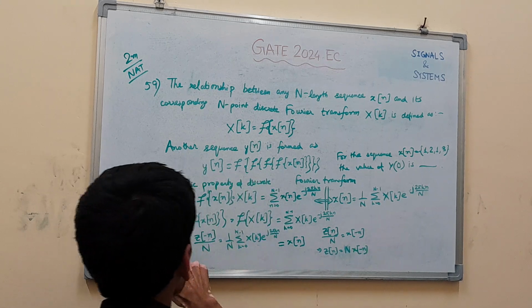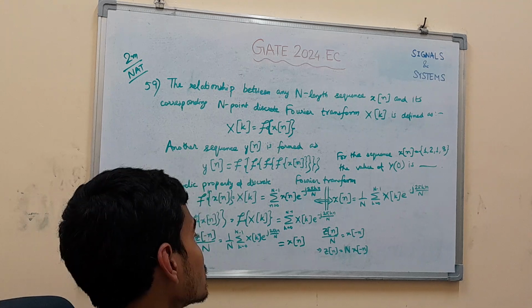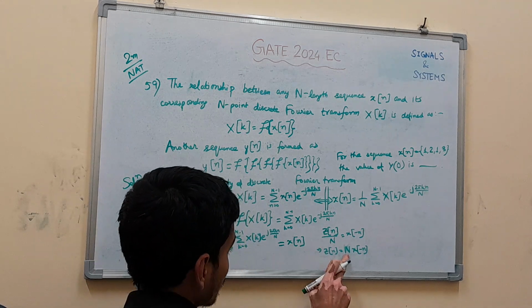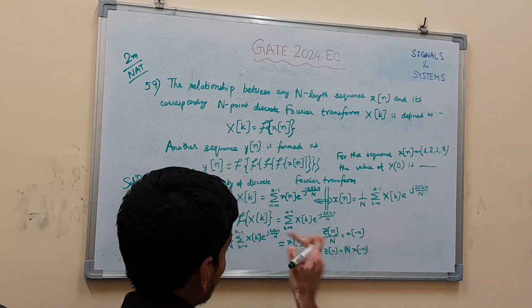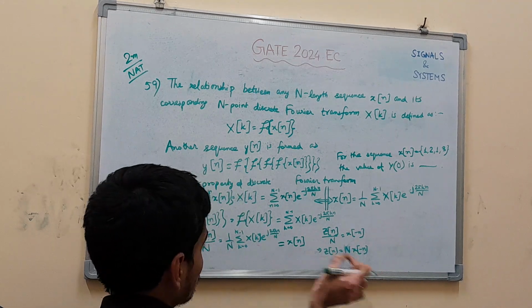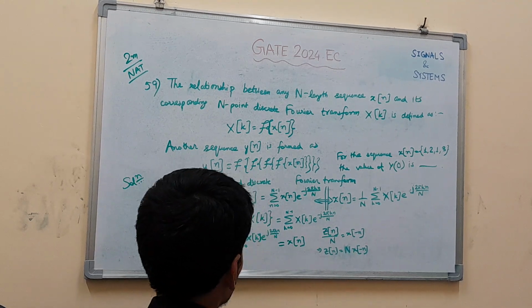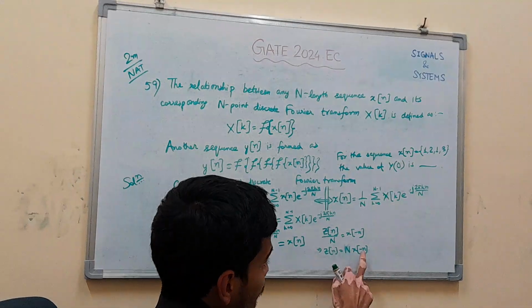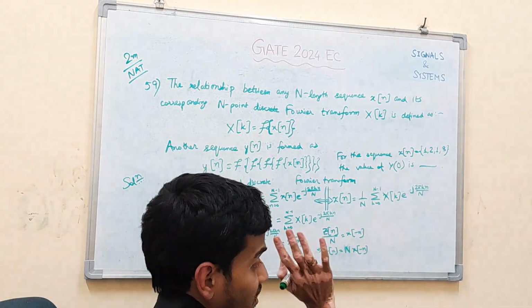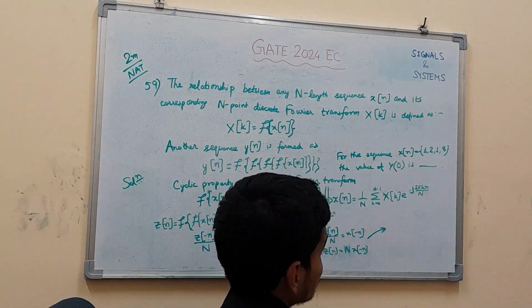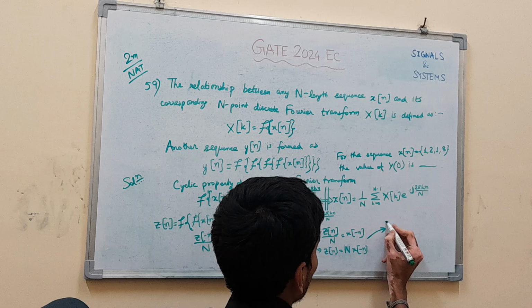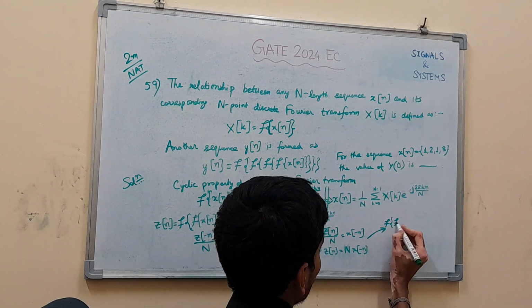So here there are two times Fourier transform, so N comes once and minus 1 to the power 1, so one minus remains.